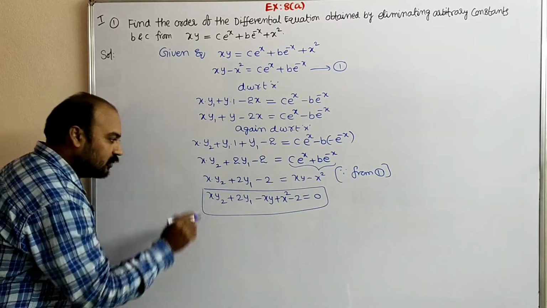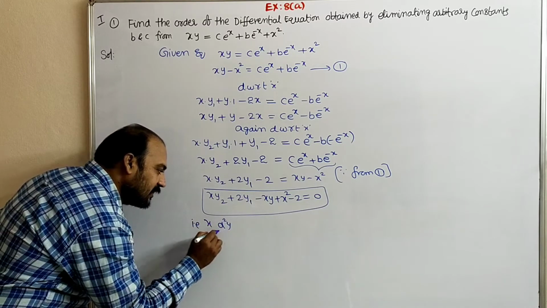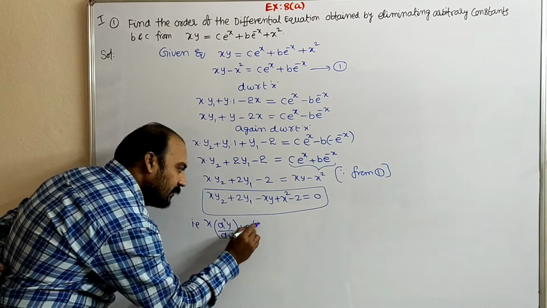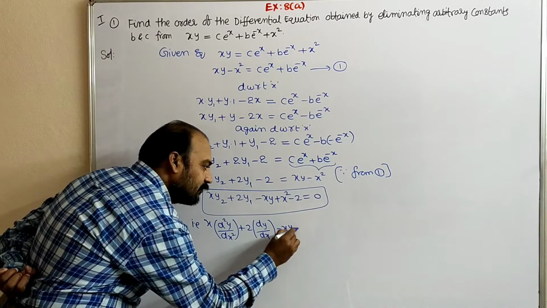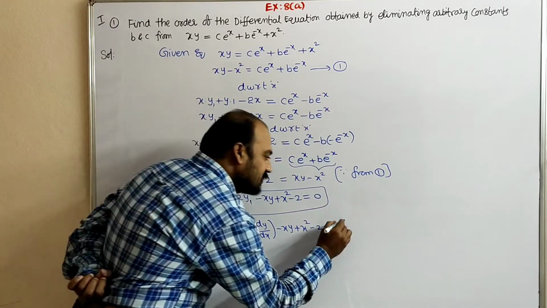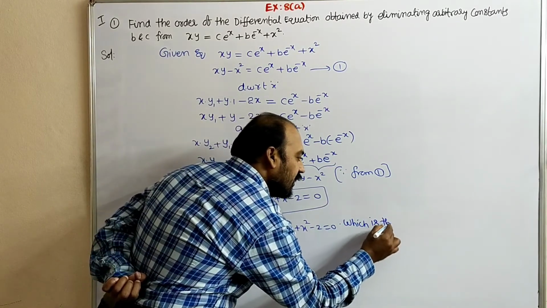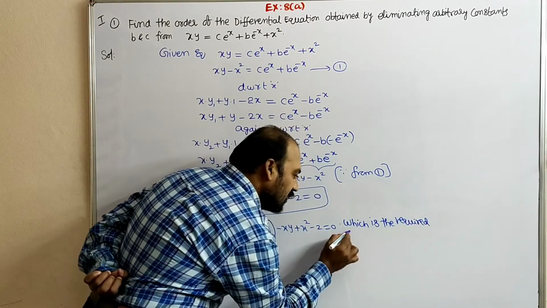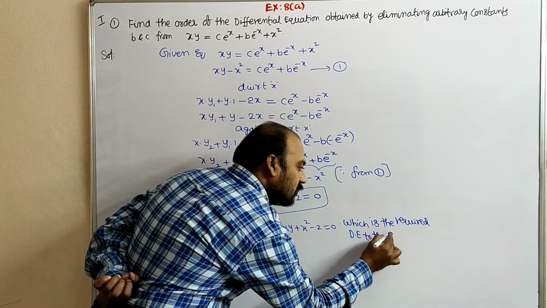Sorry. x into d square y by dx square, we can write like this also, plus 2 into dy by dx minus xy plus x square minus 2 equal to 0, which is the required differential equation to the given equation.